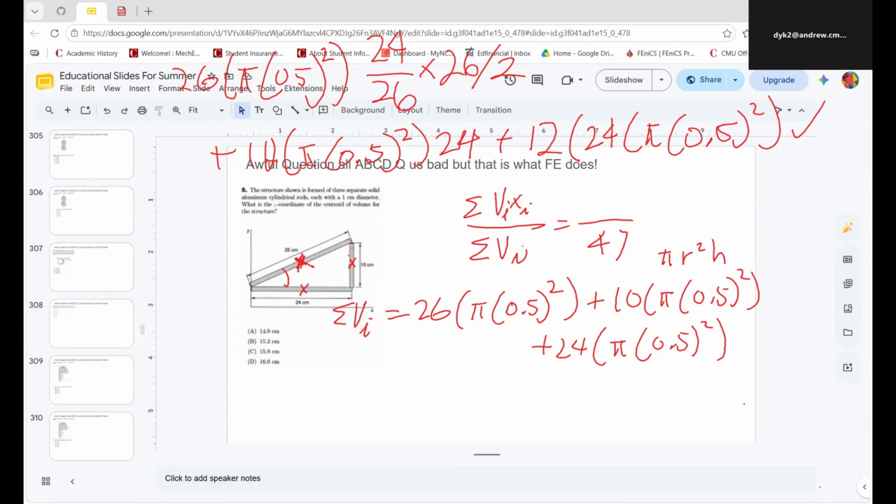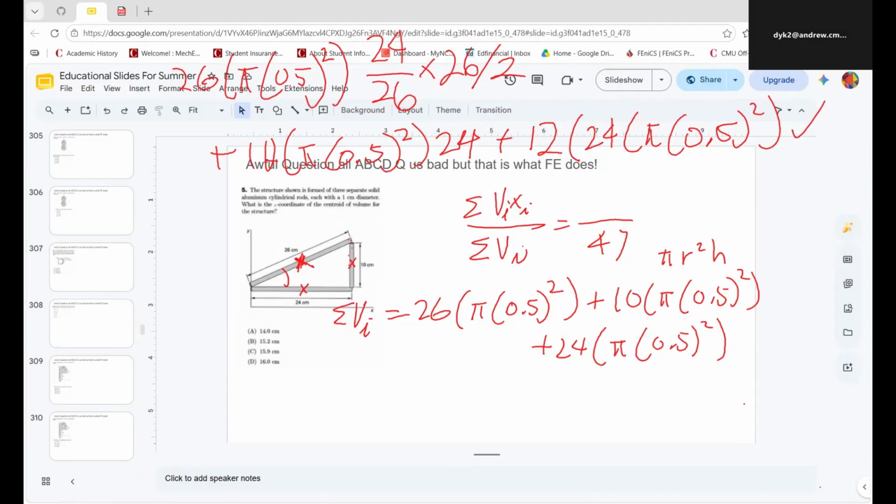So we know it's 26 parentheses pi multiplied by 0.5 squared parentheses, right? Multiplied by some ridiculous division of 24 divided by 26, multiplied by 26 divided by 2, and then we add over here, but we can just do this first, which I can get that number.